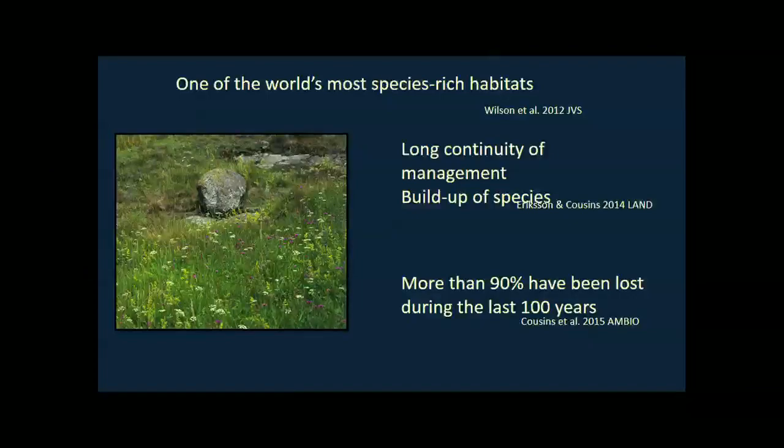On the other hand, in the place where I work in Sweden, about 90% of the grasslands have been lost during the last 100 years, so that's obviously a great concern. I usually get questions, and one of my postdocs was asked yesterday, what about the grasslands before people started to use them, or before we had these maps? And there's also a big question on where these species were in the landscape before the grassland management and the people started to manage them.